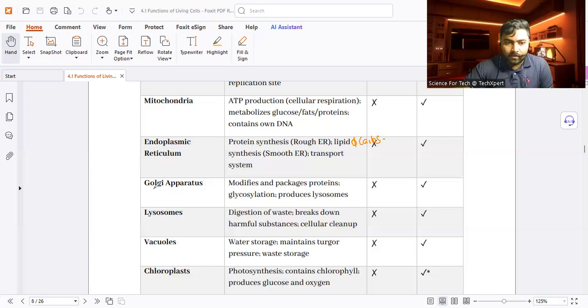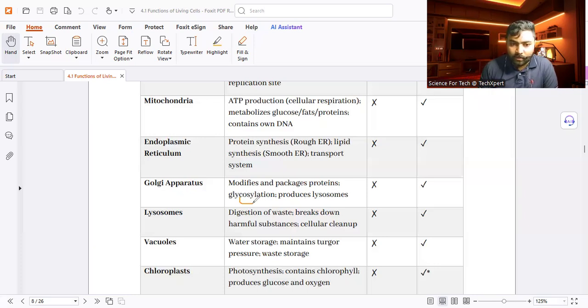Okay. Next one is the Golgi apparatus. It modifies and packages protein. However, it also produces lysosomes, and the Golgi apparatus can produce glycoprotein and glycolipid. Producing glycoprotein and glycolipid is known as glycosylation.